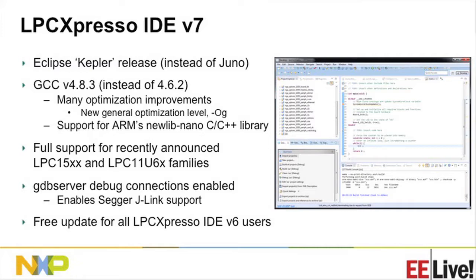Another piece of functionality that is interesting for some people is that we've now enabled GDB server debug connections within the IDE, and this in particular enables the use of the LPCXpresso IDE with Segger's J-Link probes. So if you've got a lot of J-Links sat around in your office and you want to carry on using them, you can now use those with LPCXpresso if you wish to. And version 7 is a free update for all users of LPCXpresso version 6.